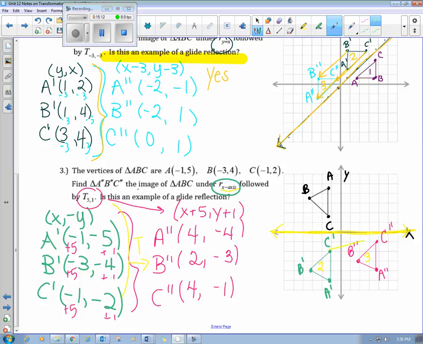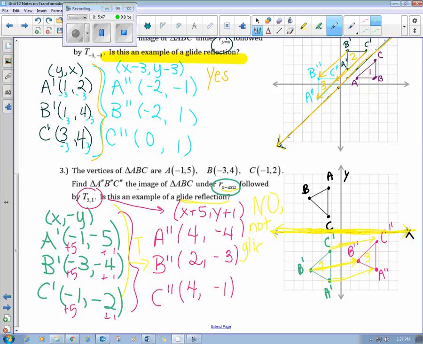So I'm comparing C to C prime to C double prime, B to B, and then A to A. And the question is, is this line of reflection parallel to the translation lines? And the answer to this is no, because this is completely horizontal, our line of reflection. These translation lines go over but up a little tiny bit, so they are not parallel. So I'm going to put a note here. It's not a glide reflection.